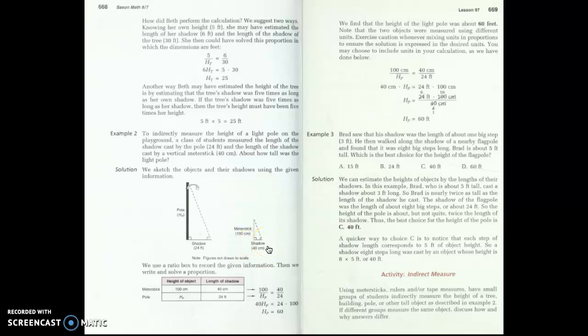So we can set up some ratios here: 40 over 24 is equal to 100 over the height of the pole. When we cross multiply, we have 2400 divided by 40, and you would get 60.